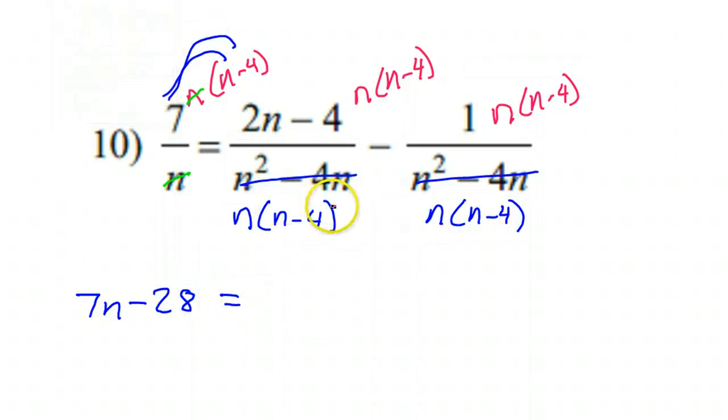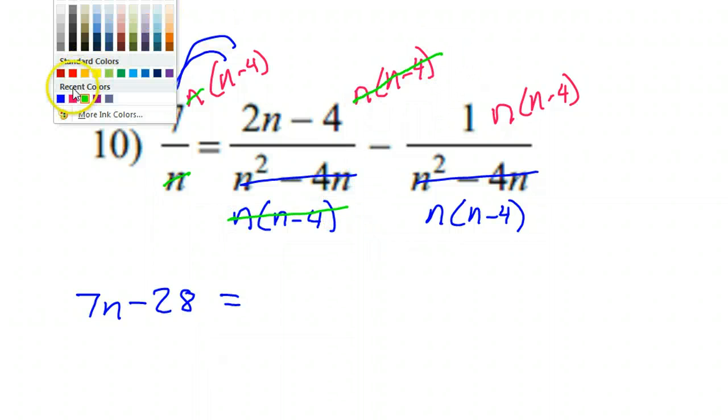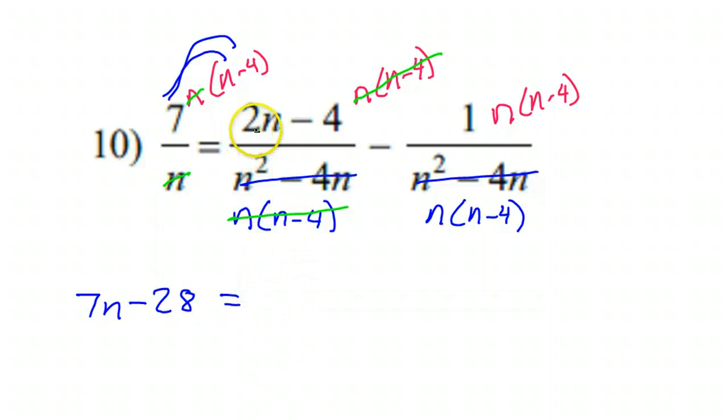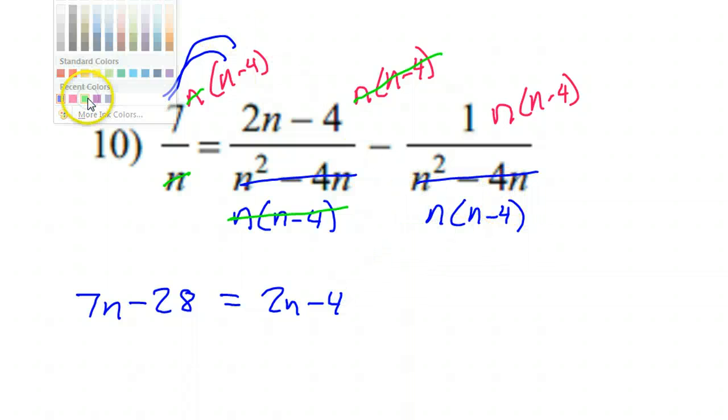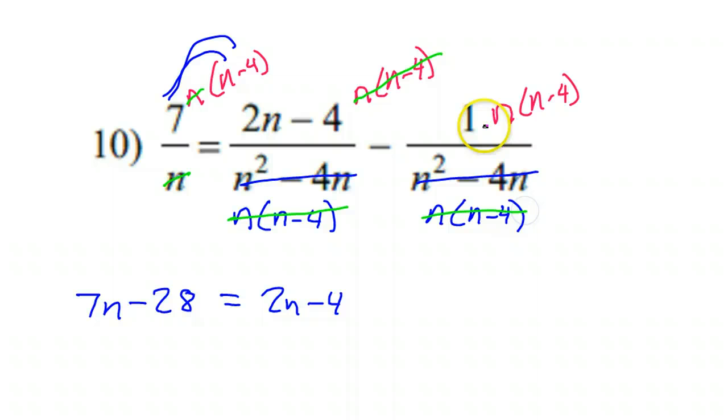In the second fraction, the entire denominator cancels out. So that still leaves 2n minus 4. All right, in the third fraction, again, the entire denominator cancels out, but that still leaves -1.